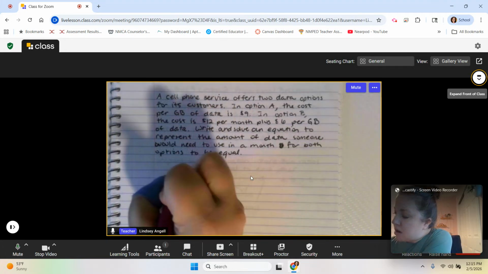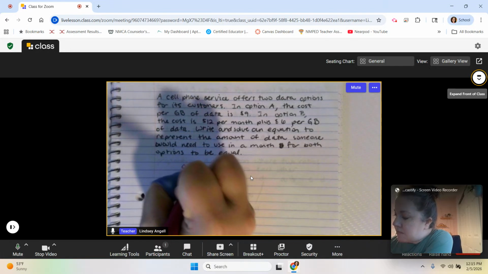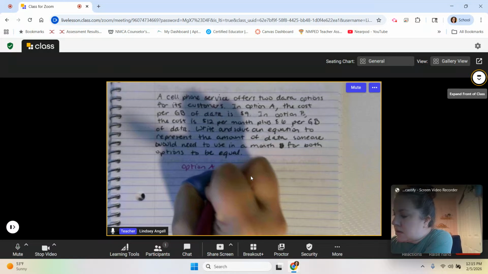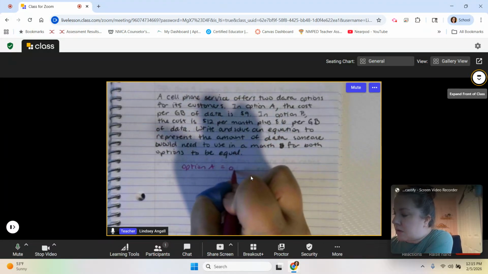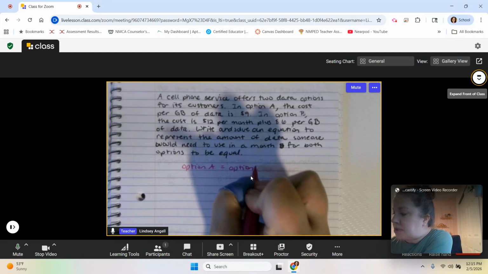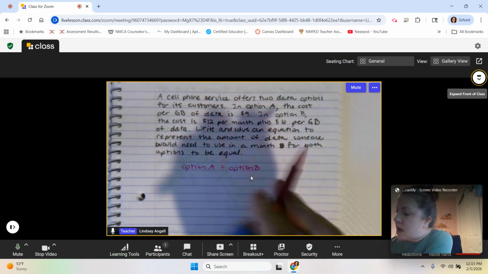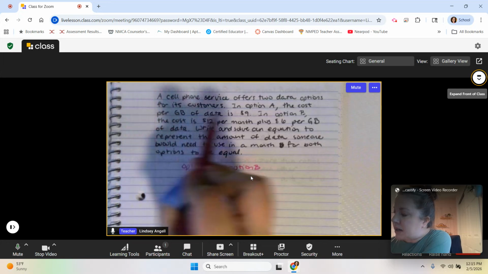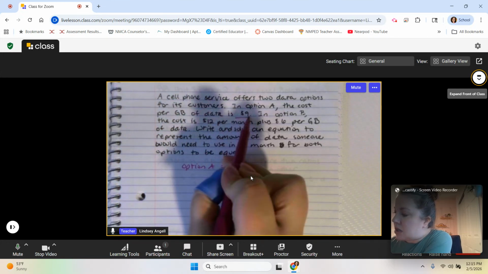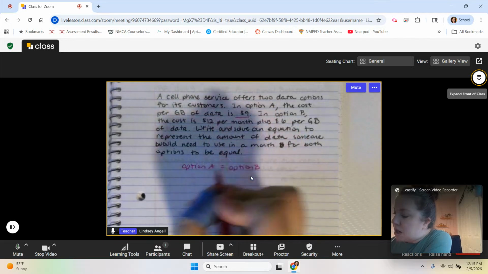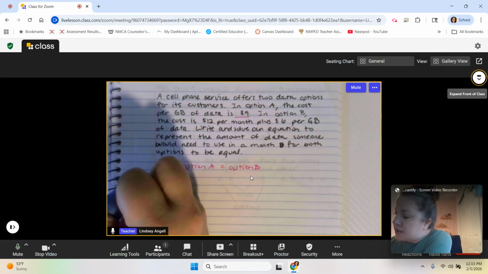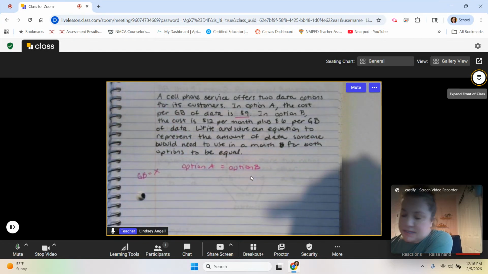So we want option A, we want that amount to be equal to option B, right? Well, option A, it says the cost per gigabyte is $9. So $9 per gigabyte, okay? So for gigabytes, we'll have that be equal to x.